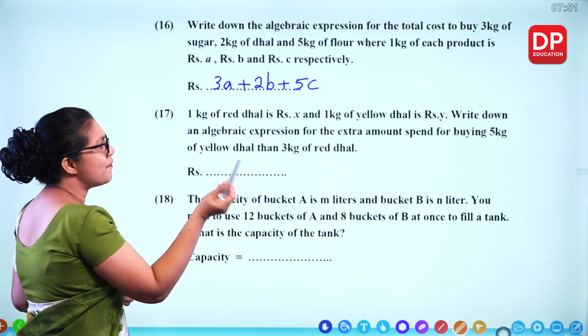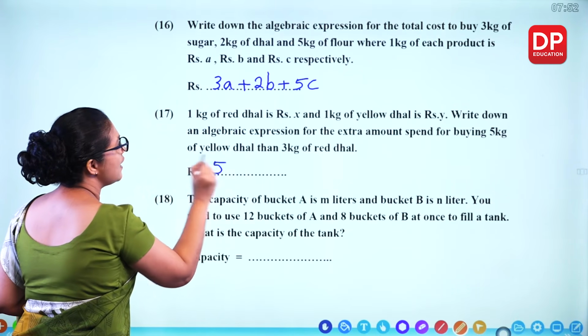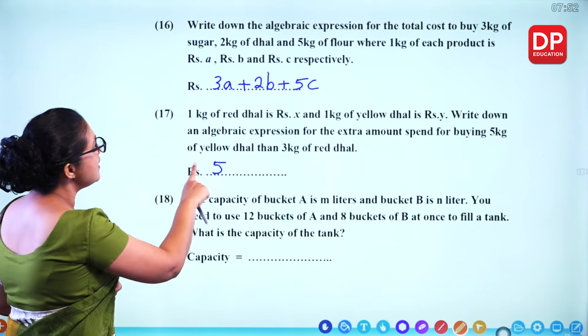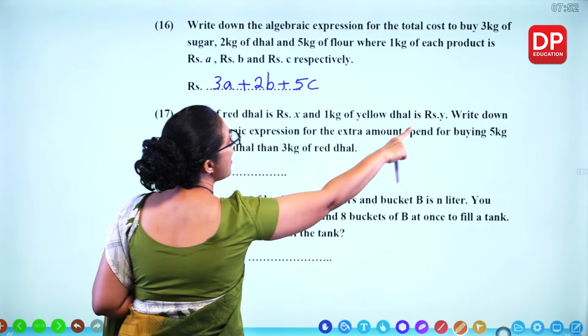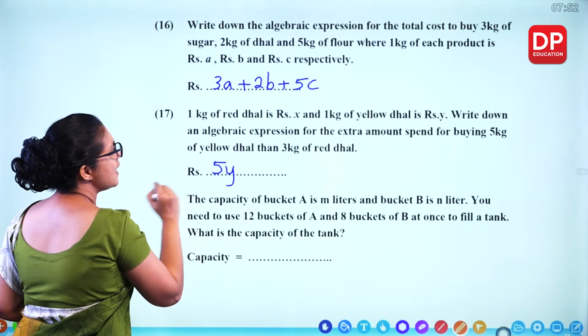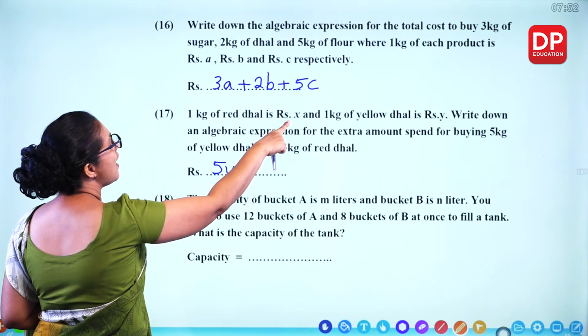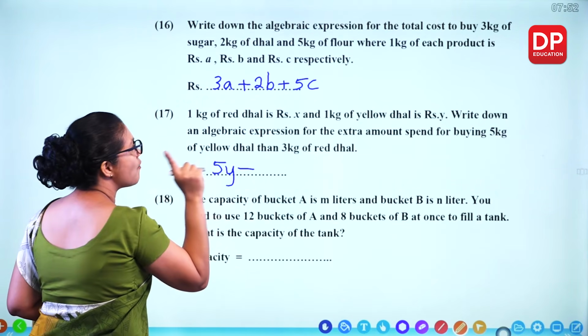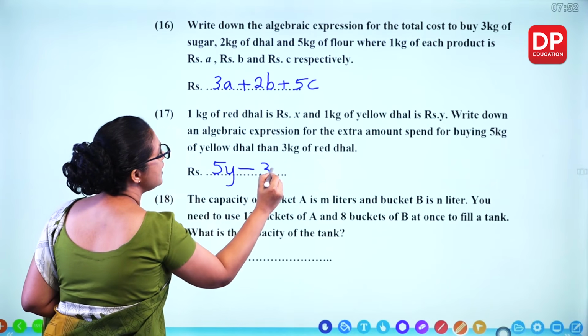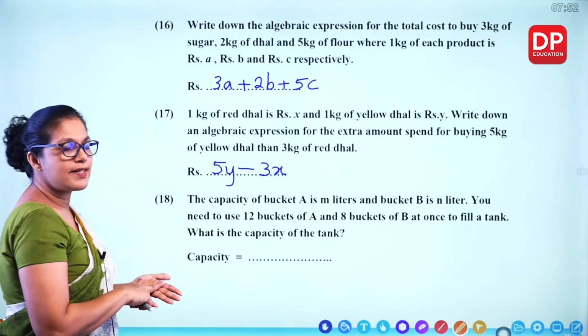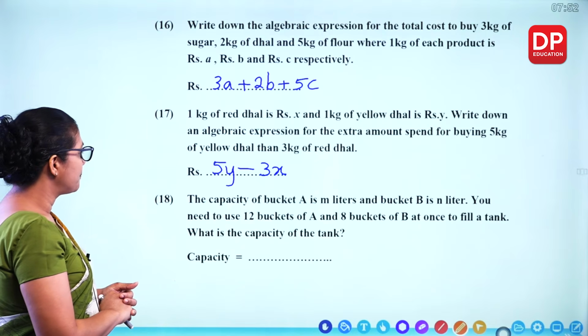So what's the difference? 5 kilos of yellow dal, yellow one is Y rupees, 5Y minus 3 kilos of red dal. Red dal is X rupees per kilo, so 3X. So the difference is this value.